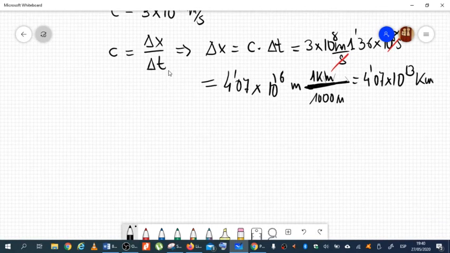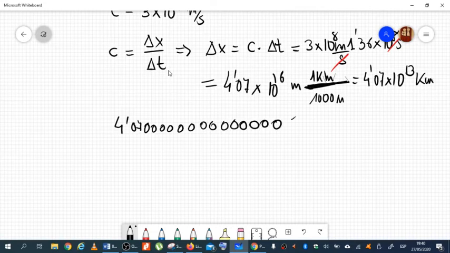So let's write the number here, 407, and let's write many zeros. You can do it with your calculator if you can, but I don't know if you will be able to, because some calculators normally don't have so many digits.